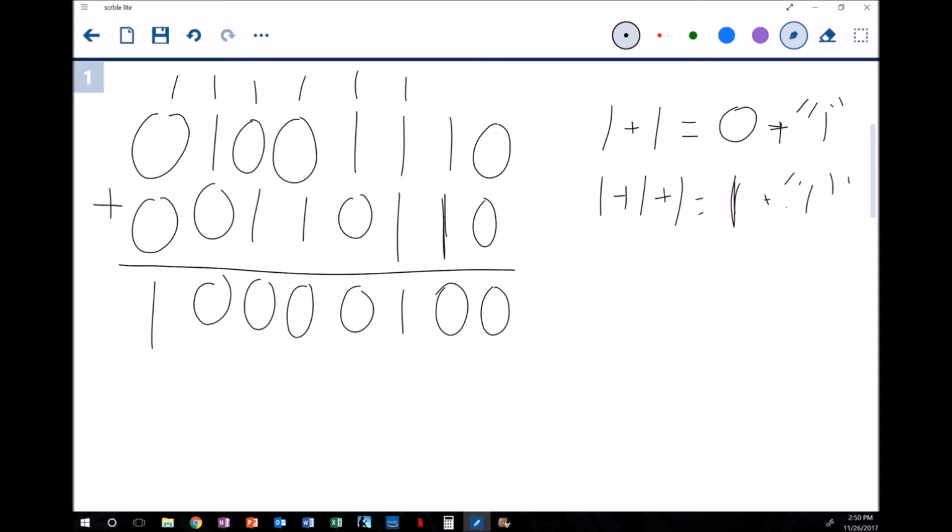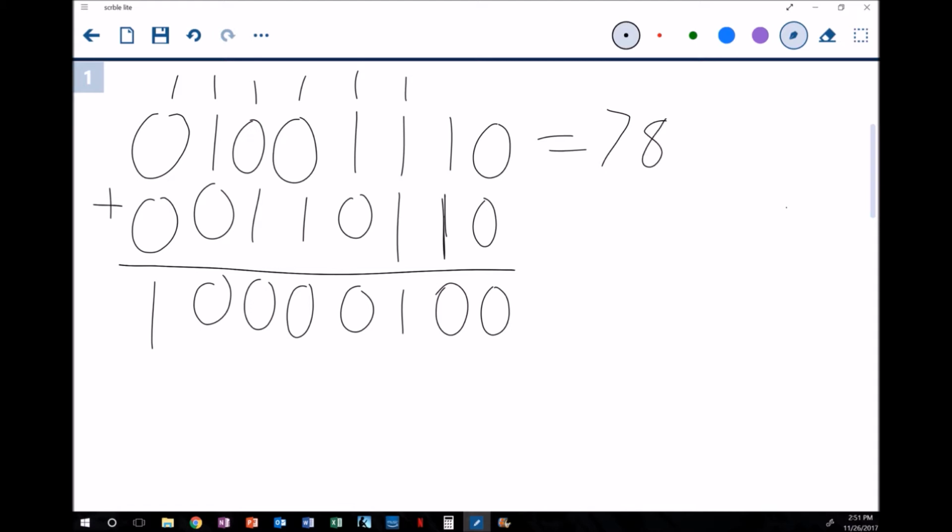And then if we, I'm going to delete this here, but if we next convert these back to their decimal form so we can verify our math, this first number 0, 1, 0, 0, 1, 1, 1, 0 equals 78 in decimal.